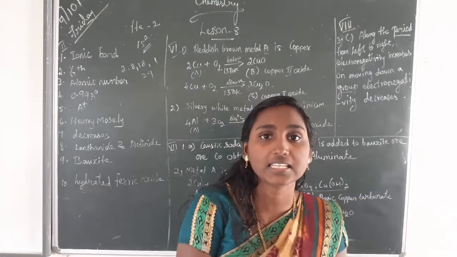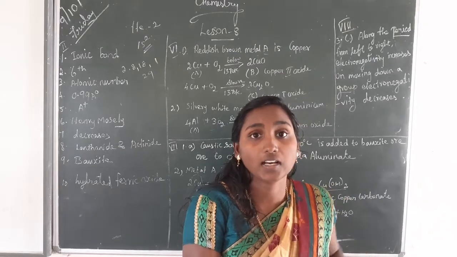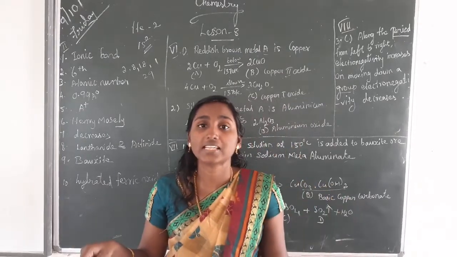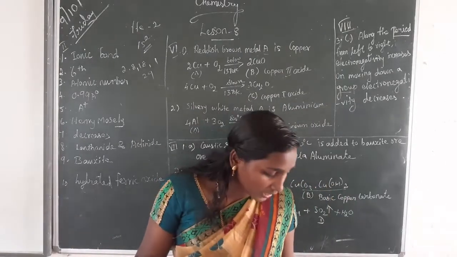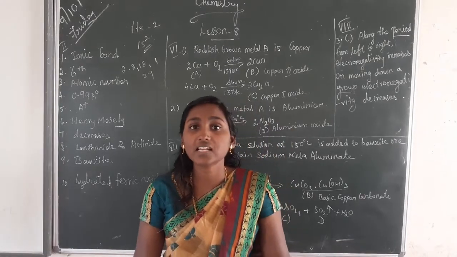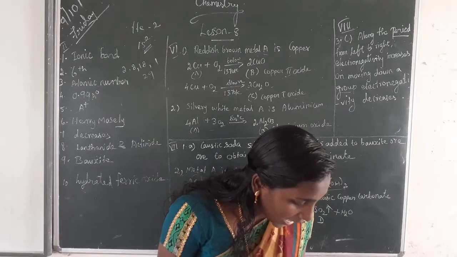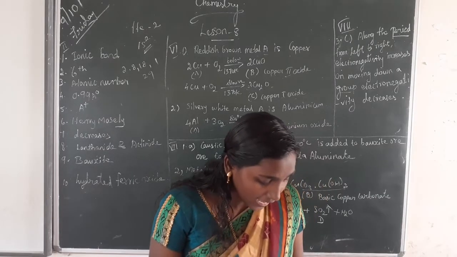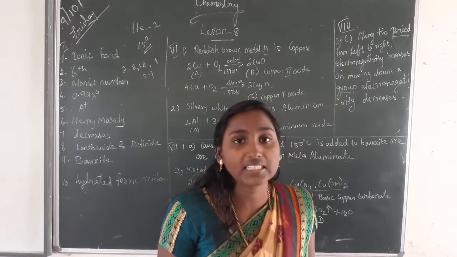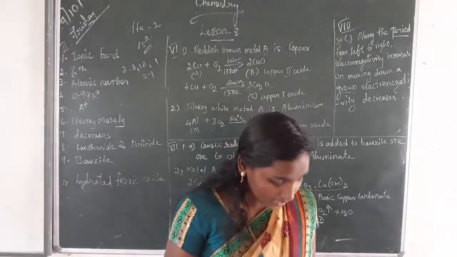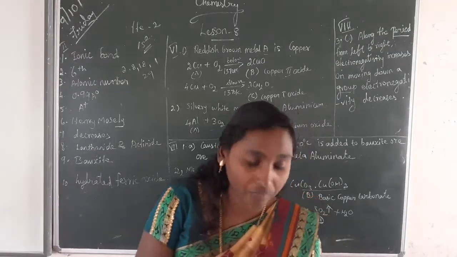Coating with zinc, right? Iron is coated with which metal? Zinc. So galvanization answer, coating with zinc. Note it. Then calcination. Calcination answer, heating in the absence of air.